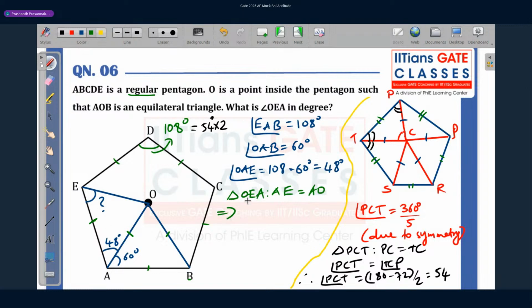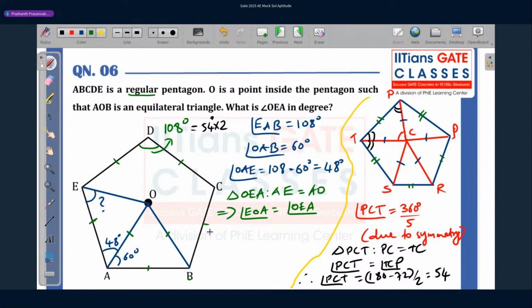So it means that OEA is isosceles, which means that angle OEA is equal to angle EOA, because it is isosceles. So let's quickly solve for what's asked over here. What is angle OEA in degrees? The sum of the internal angles should be 180.